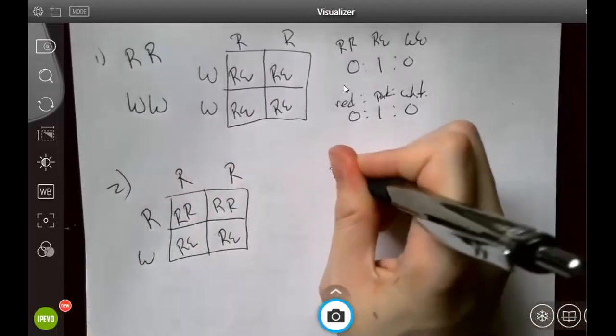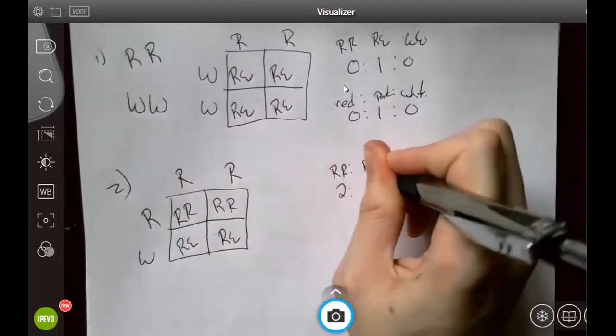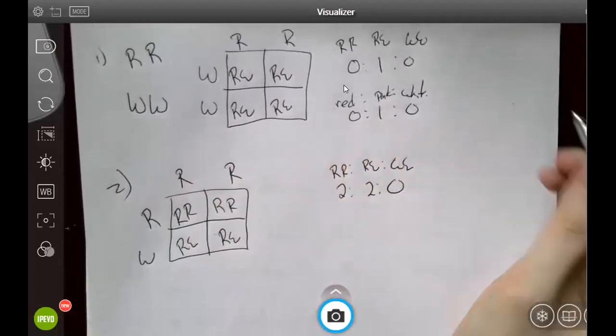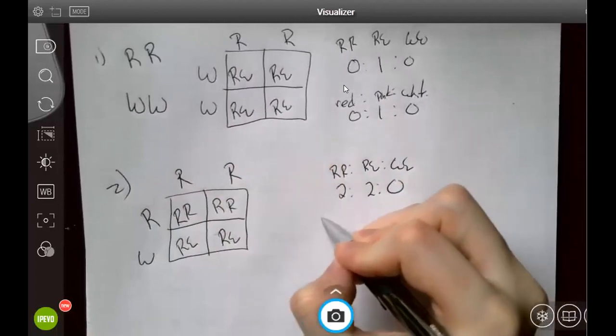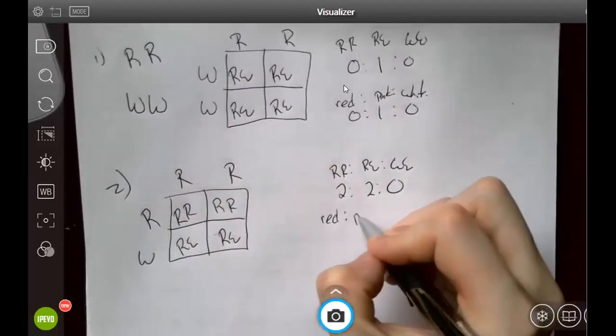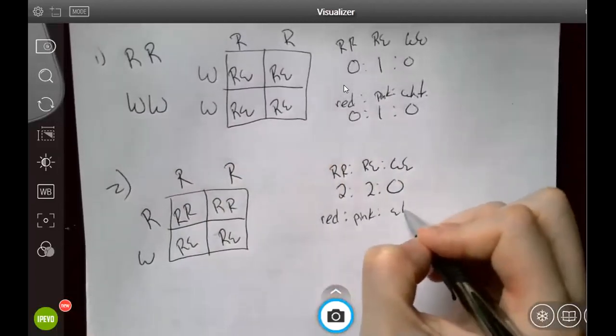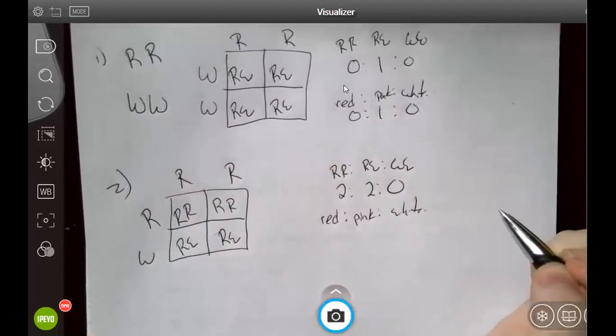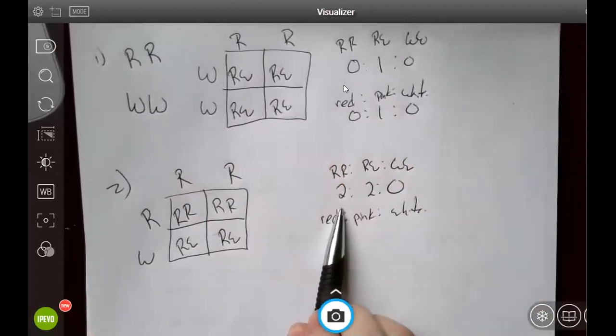So the phenotype ratio would look like that. The genotype would be red to pink to white. Again, this could also be simplified as a 1 to 1 to 0 ratio, but it would be 50% red and 50% pink.